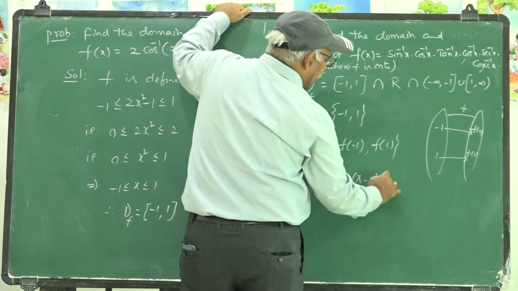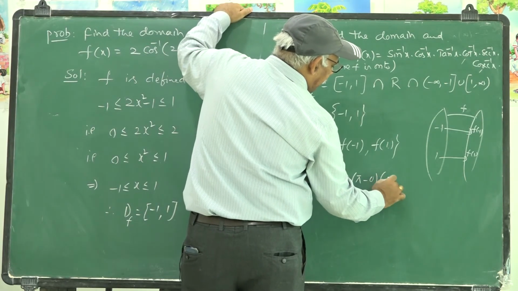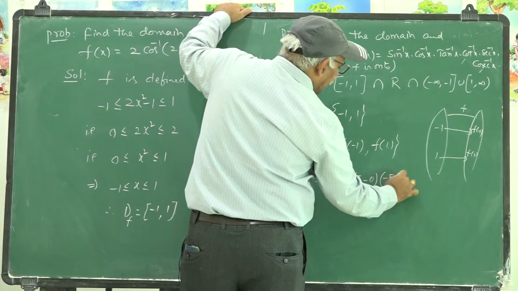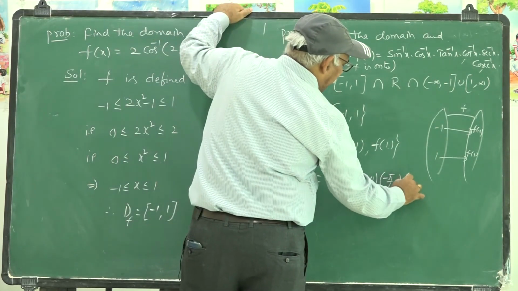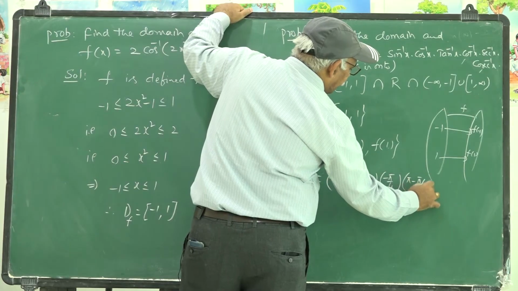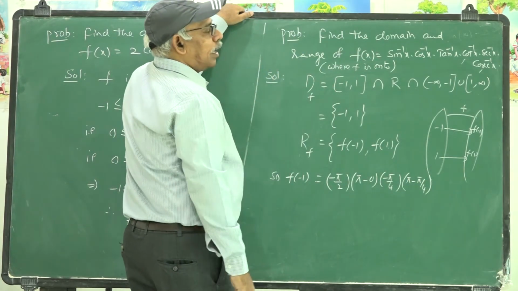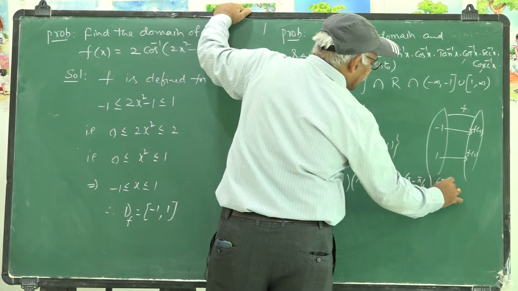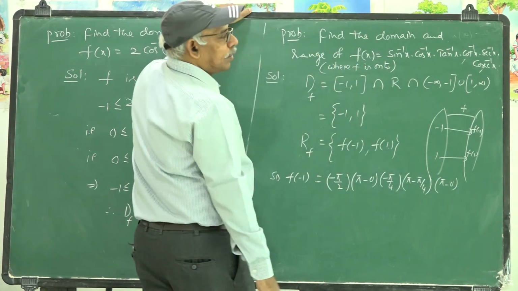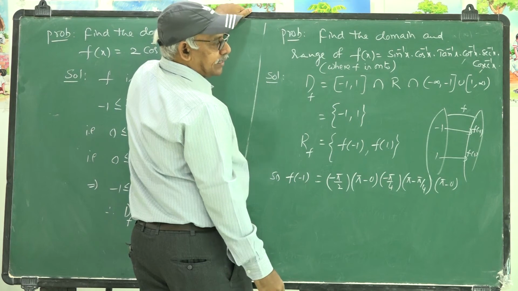Tan inverse of minus 1 is minus pi by 4, and cot inverse of minus 1 is pi minus pi by 4, and secant inverse of minus 1 is pi minus 0, of course, pi itself.